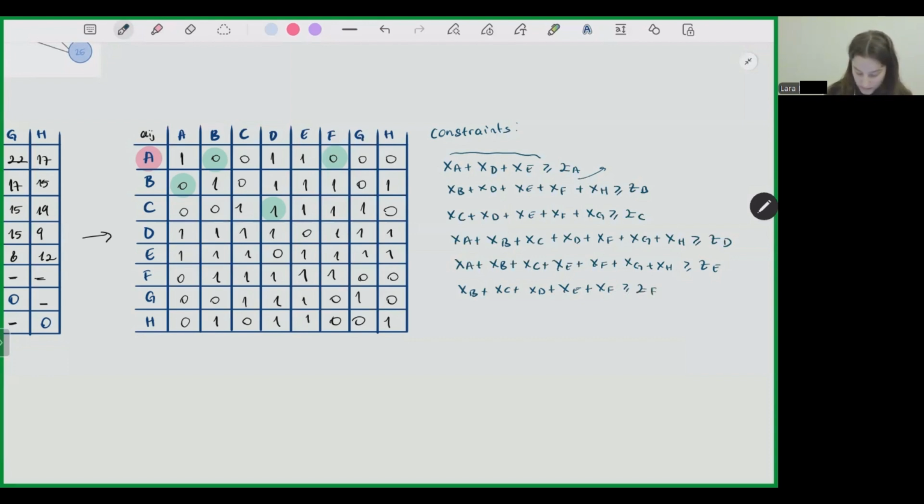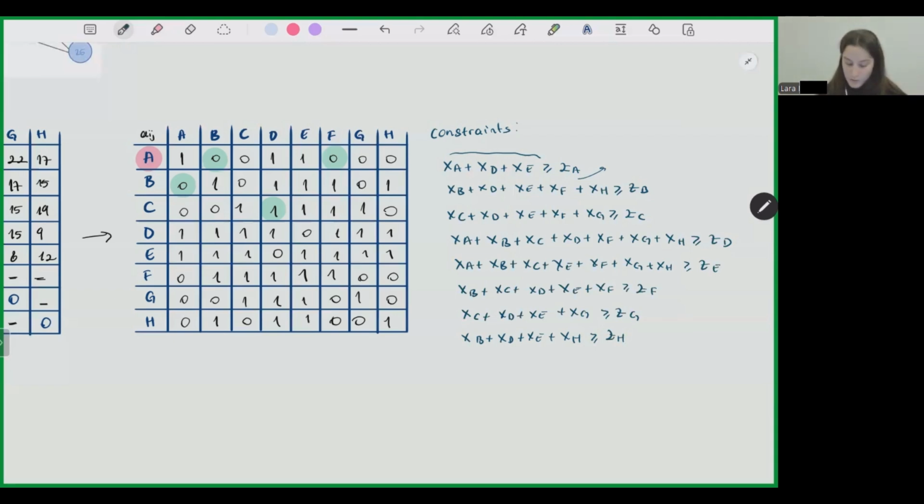For G, XC plus XD plus XE plus XG should be more than or equal to ZG. And the last one for H, XB plus XD plus XE plus XH should be more than or equal to ZH, so that we can cover node H.